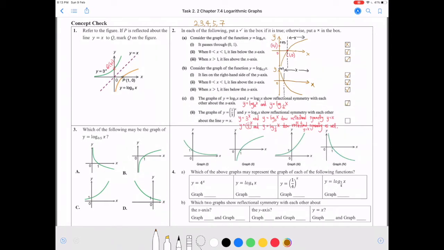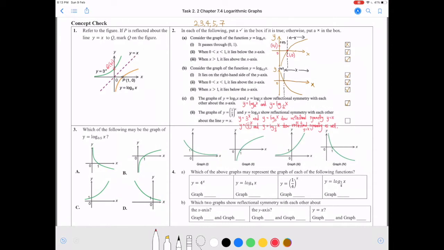The graphs of y equals 1/3 to the power of x and y equals log base 3 of x show reflectional symmetry with each other about the line y equals x. I think we did this one as well. Let me write it here.